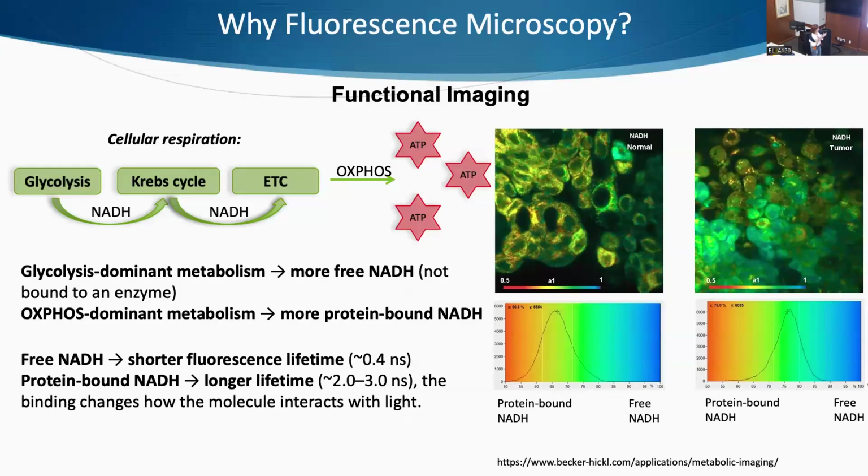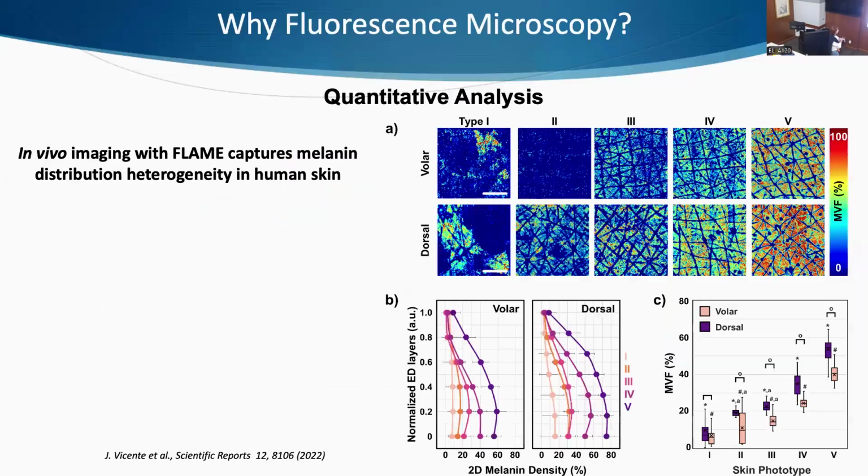So let's see. I said contrast, specificity, functional imaging, and one last important fact is the quantitative analysis, because you can selectively, specifically detect these different molecular components. You can also quantify them, and that becomes very important to monitor different changes.